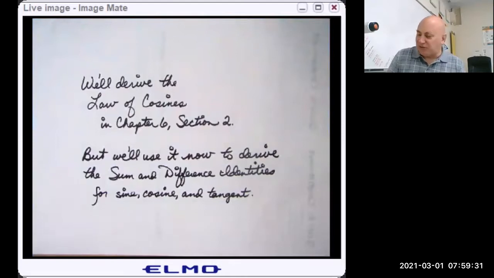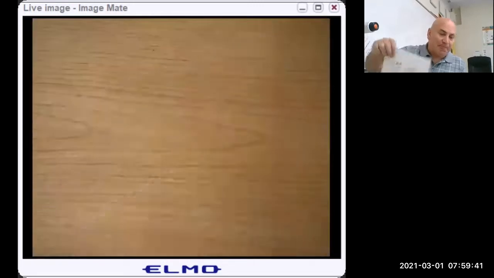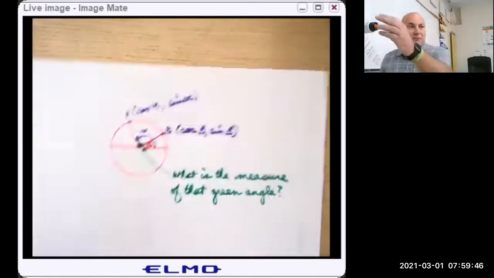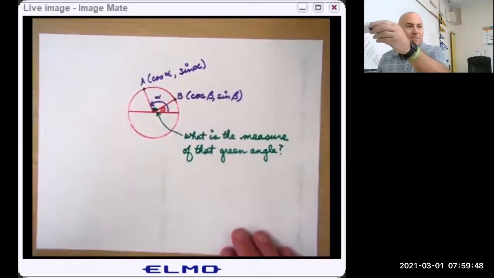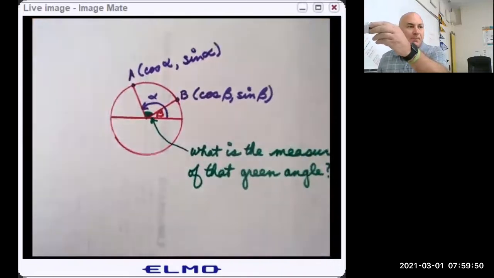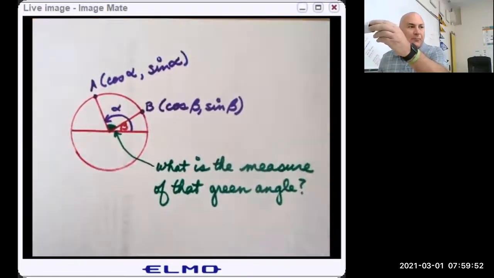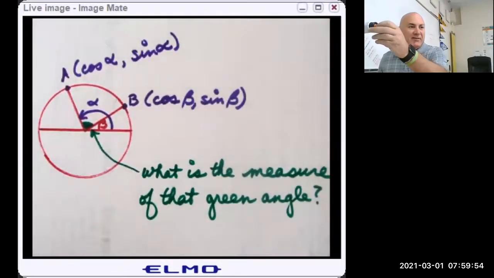We'll derive it next chapter, but we're going to use it now to derive the sum and difference identities for sine, cosine, and tangent. Make that as big as I can for you.